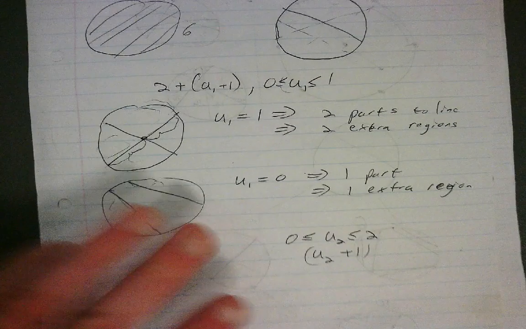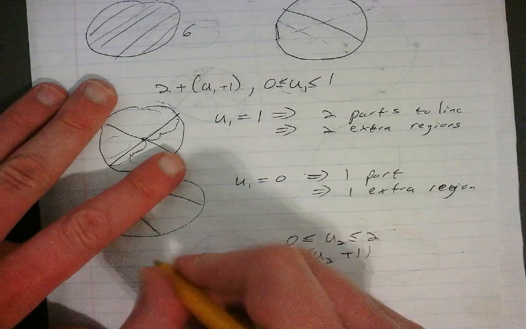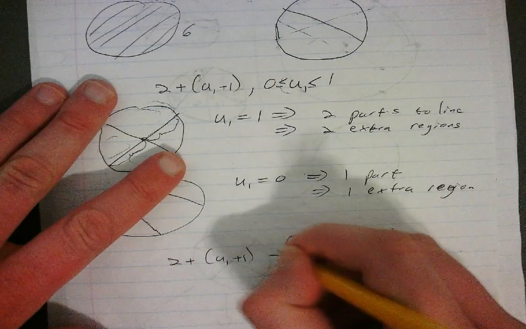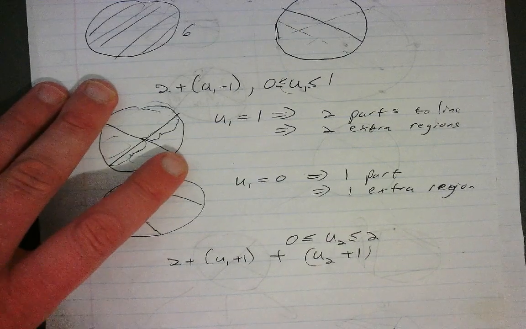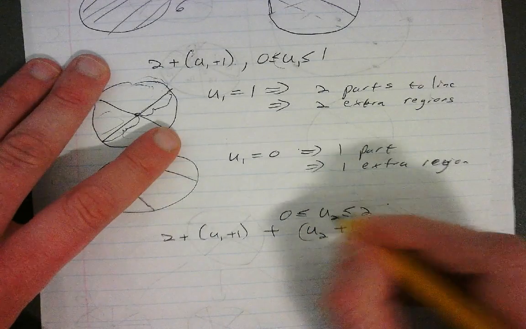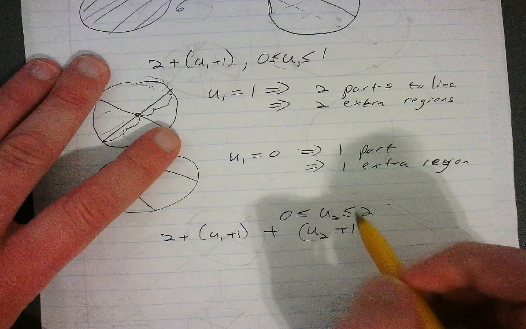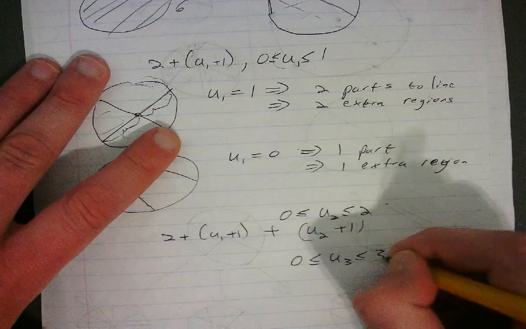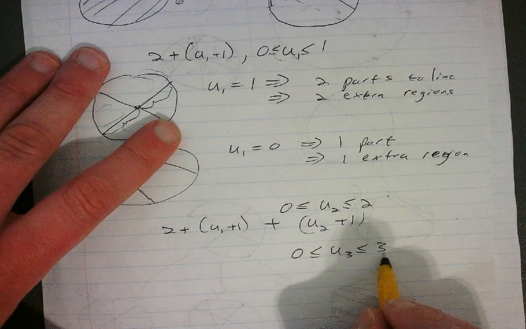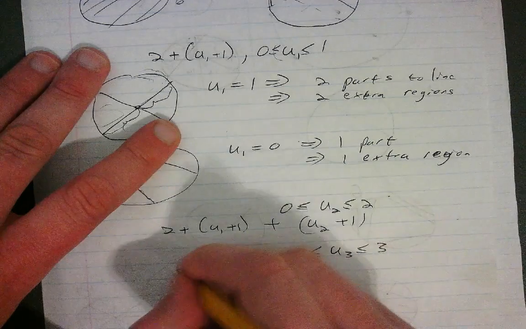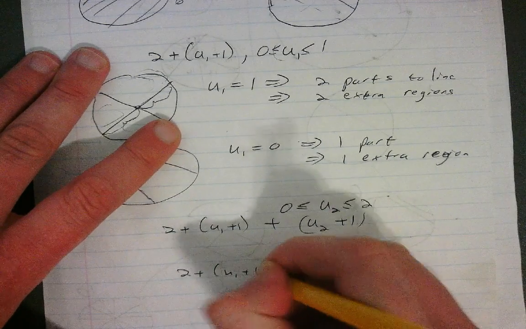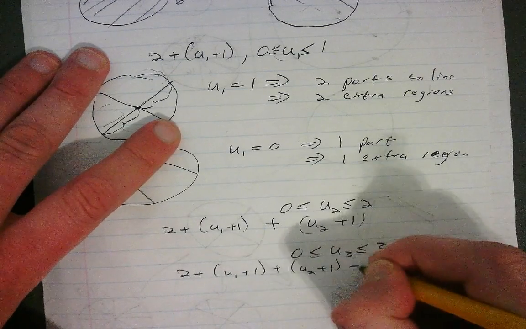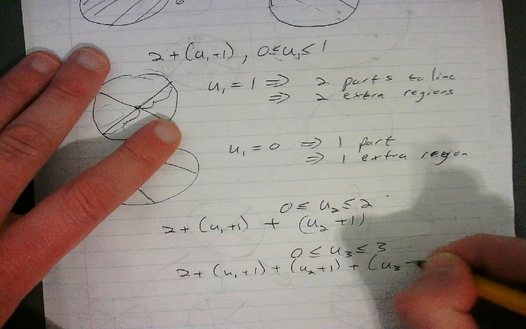So the total number of regions is 2 plus U1 plus 1 plus this. Then for the fourth line, this is between this, and the total number of regions is 2 plus U1 plus 1 plus U2 plus 1 plus U3 plus 1.